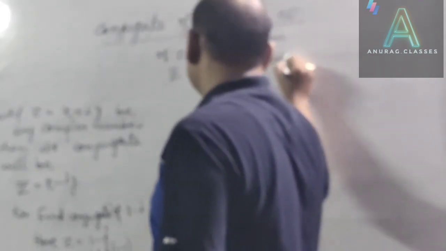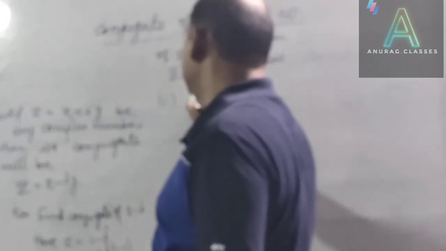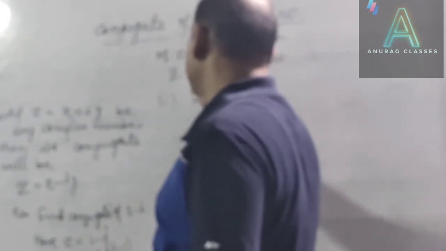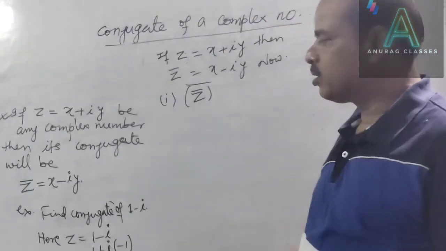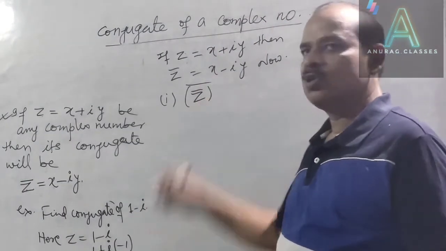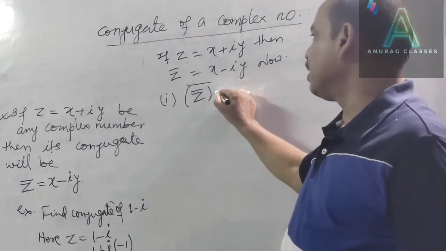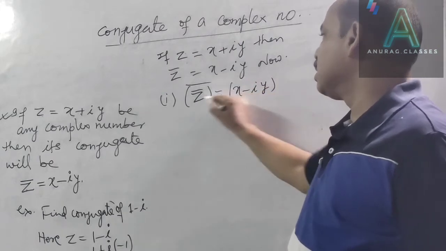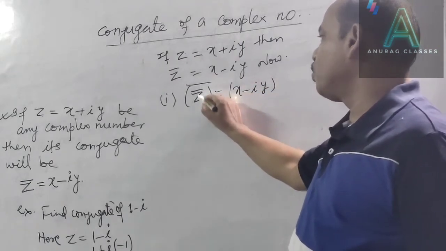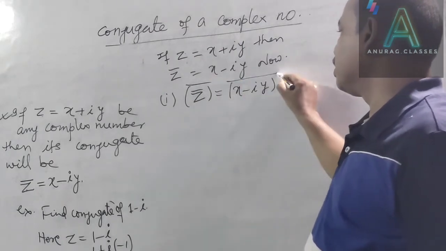Now, number 1: if you find the conjugate of the conjugate, then what will we get? x minus iota y is the value of conjugate z, but we have to find the conjugate again.